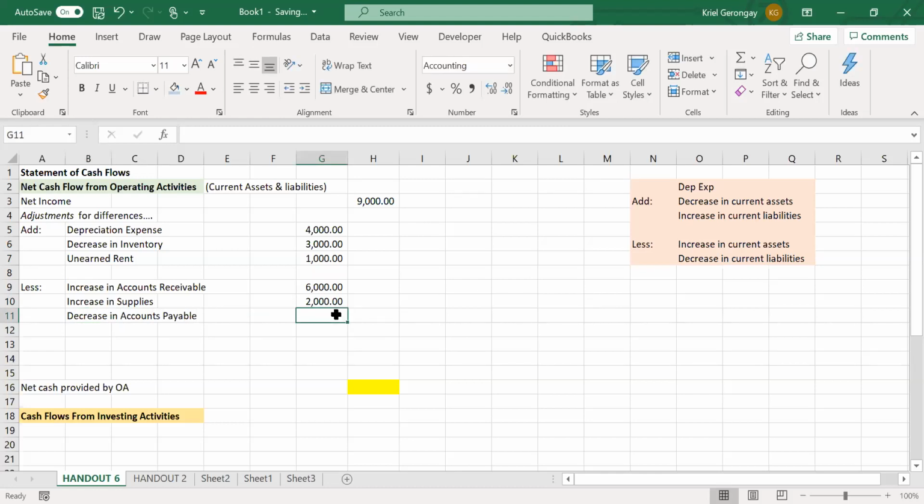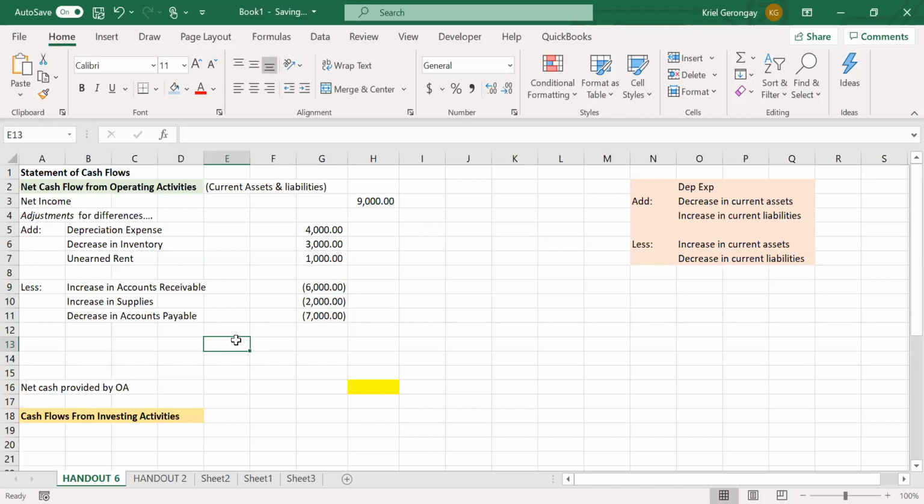So all the 6,000, 2,000, and the one you're about to put for accounts payable, shouldn't that be negative, like in parentheses? That should be in the parentheses, 7,000. I thought we had an increase in accounts payable. Oh no, there's a decrease in accounts payable.